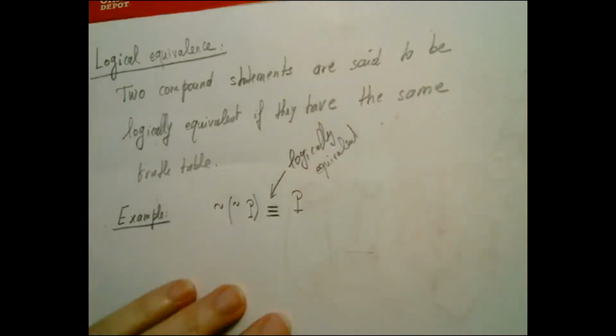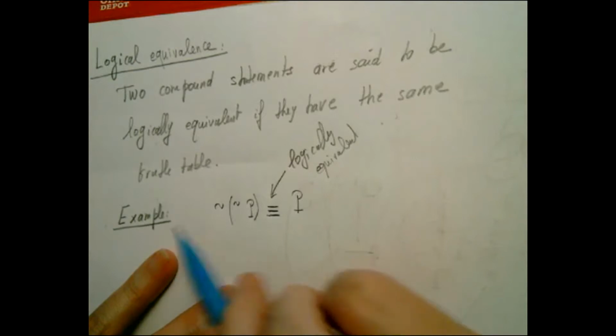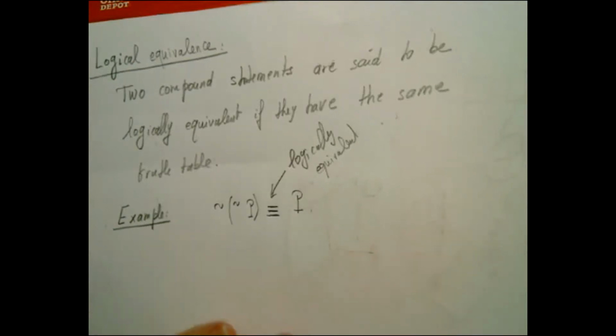So what am I telling you? Show that the negation of the negation of a statement is the statement itself. Does it make sense? It's not true that today is not Wednesday. It's like saying today is Wednesday.